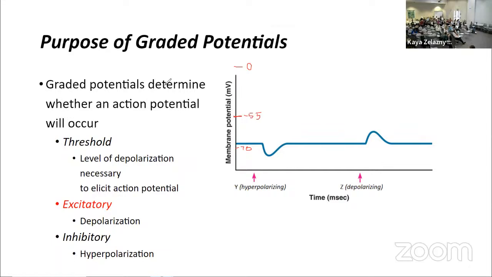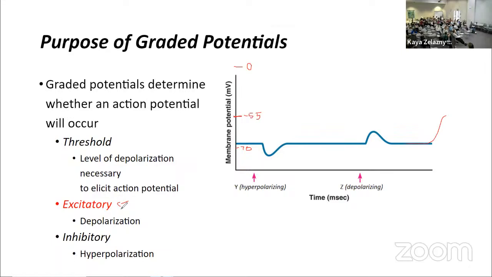So the threshold is how much depolarization, how far up do you have to go? How close do you have to get to 0 before we send off an action potential? That's our threshold. This means that when we see depolarization, changes towards 0 and towards that threshold, we're going to think of those as being excitatory.